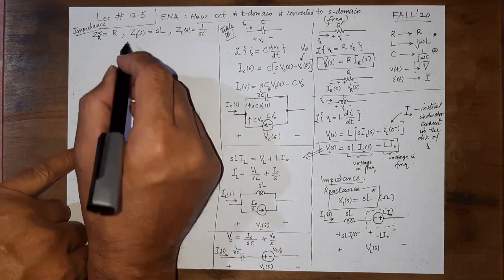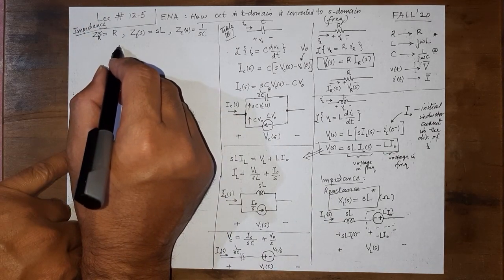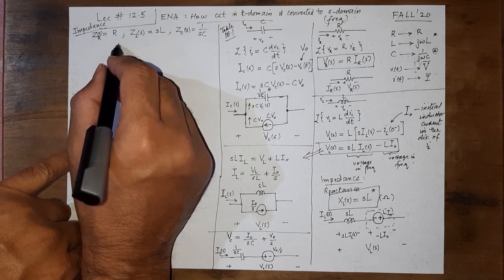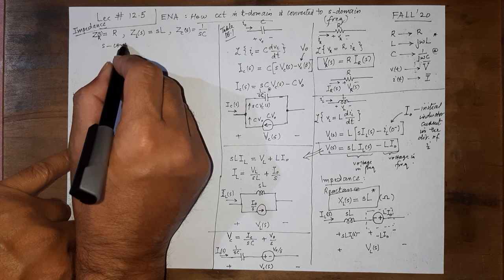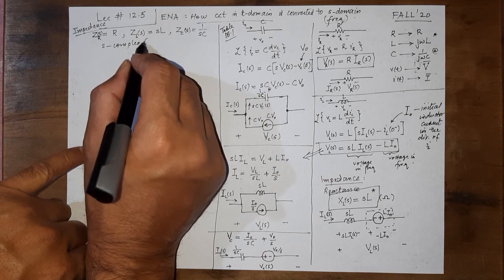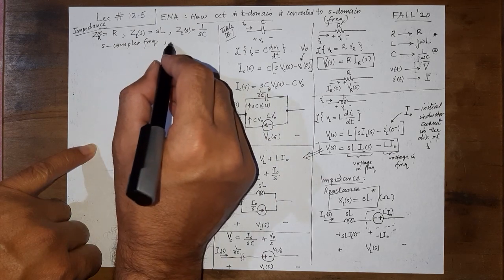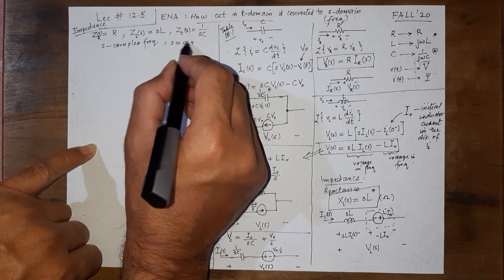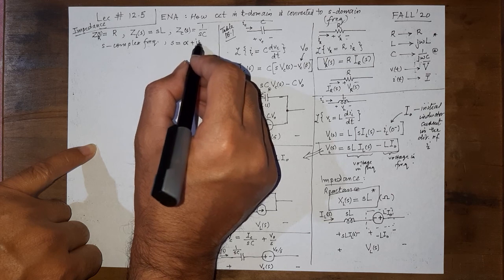I will later have more discussion on this, but this S is actually a complex frequency, such that S is taken to be equal to alpha, a real term, plus j omega.